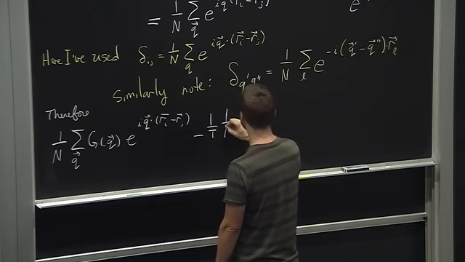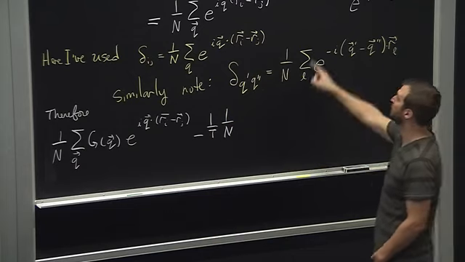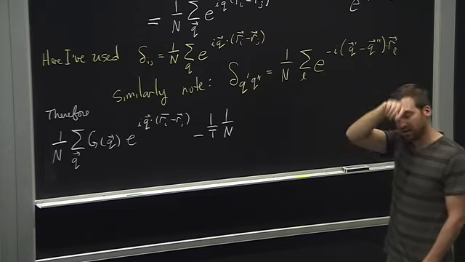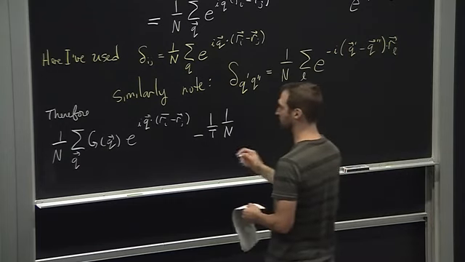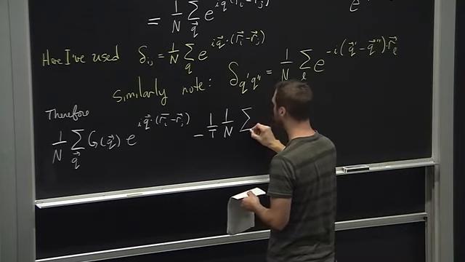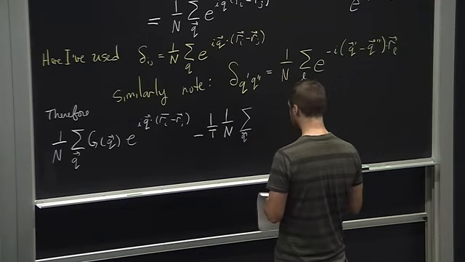I'm going to use one of my n's here, but I have one left. Okay, so when I use the delta function there, I'll have one n left, and let's just use q, because now these are all separate sums. Yep.